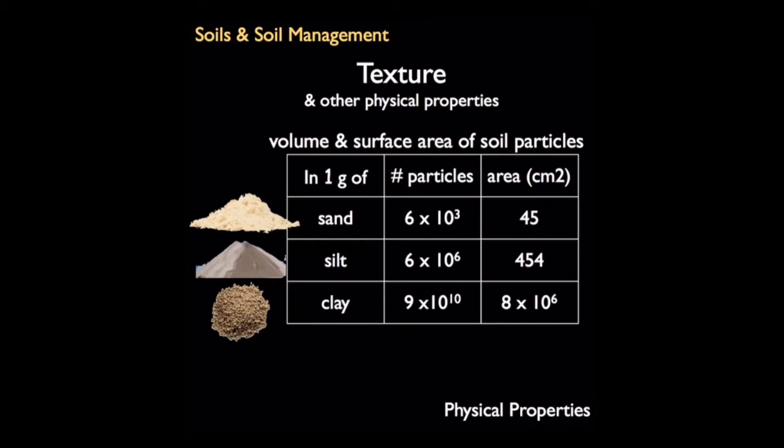These particles differ greatly in volume and surface area. 1 gram of clay has about 1,000,000 times the number of particles and 180,000 times the surface area compared to sand. These differences in volume and surface area greatly influence soil pore space.